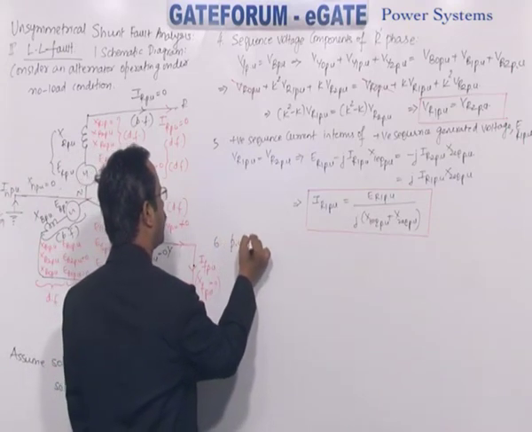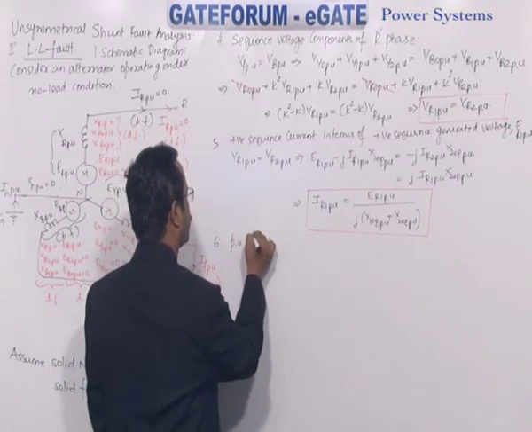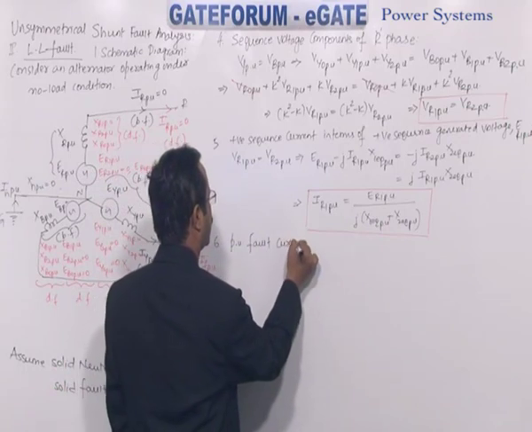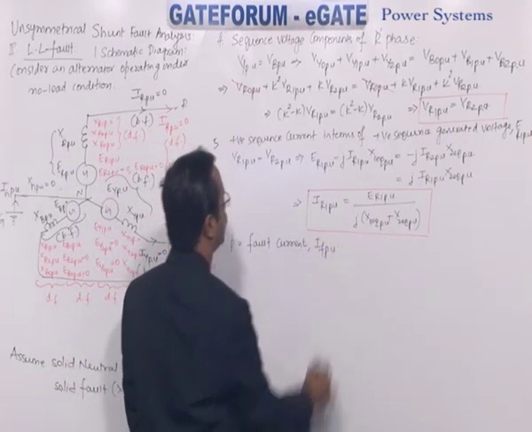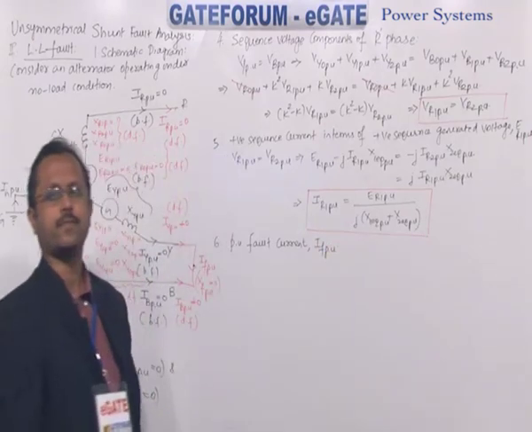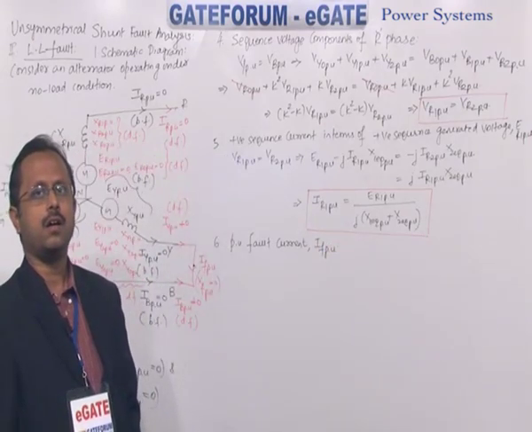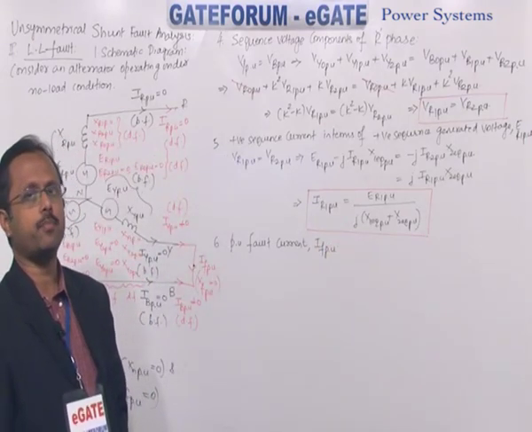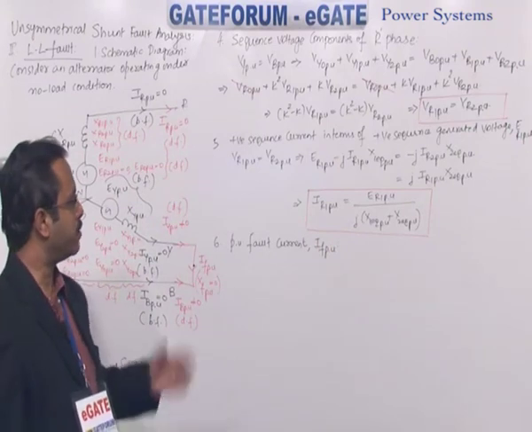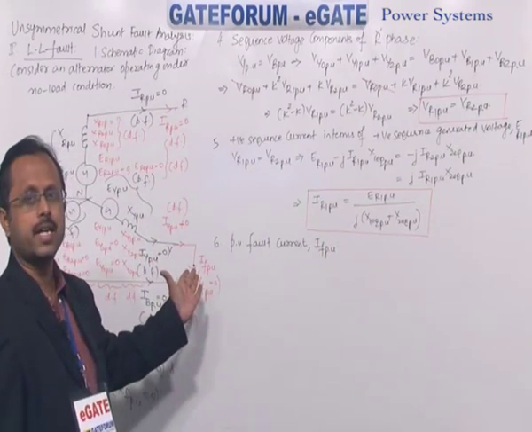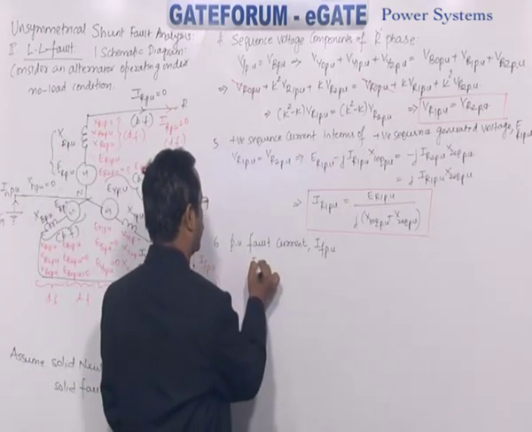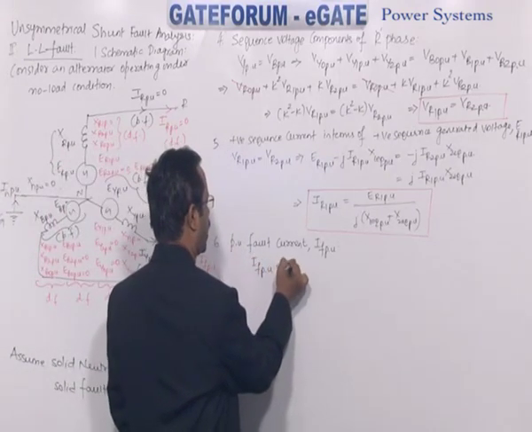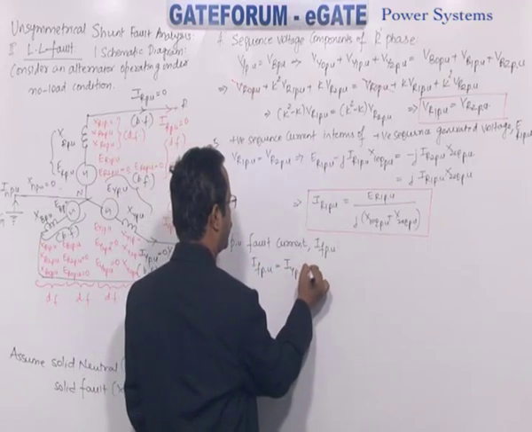Now we find out what is the per unit fault current, IF per unit. How to find what is IF per unit? Same as IY. How do you mention IY?